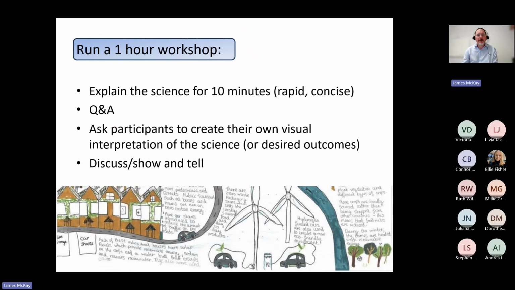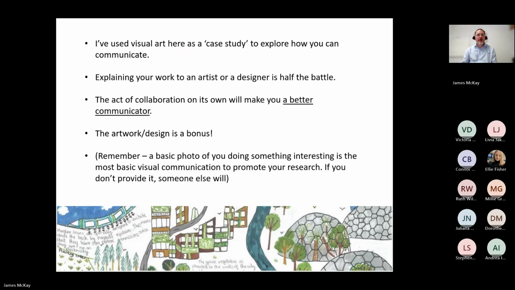And there's plenty of opportunities to get involved in doing larger projects with larger collaborations through things like centres for doctoral training, flexible funds, and science festival type activities. So just to recap again, I've used my visual art here as a case study.